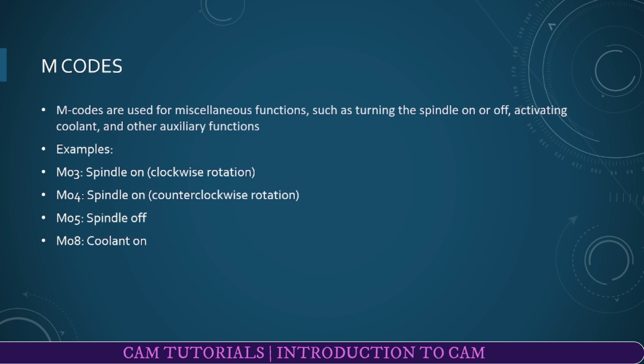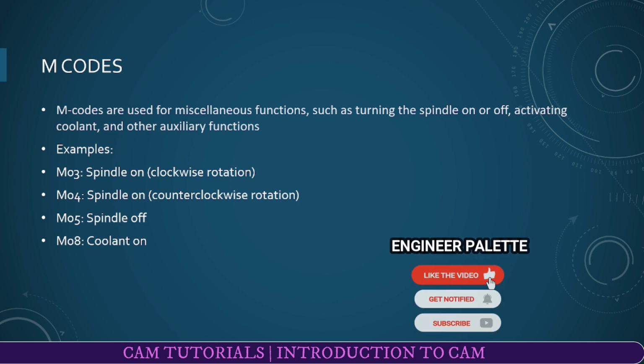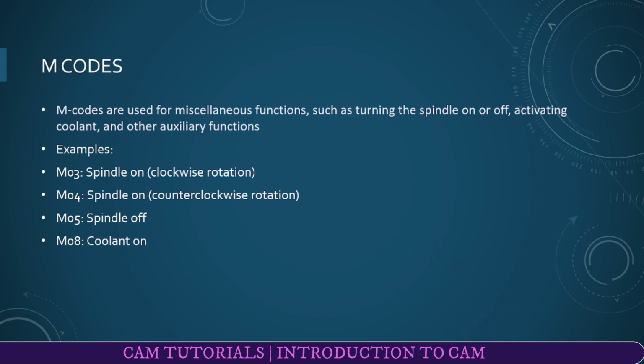M05 means spindle off, so your spindle will stop rotating. And M08 is coolant on, like M08 and M07 both are coolant on. One is a mist and one is a flood, and many other functions are performed by G and M codes.